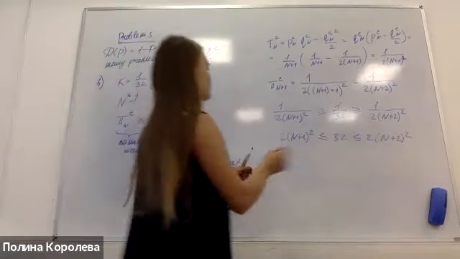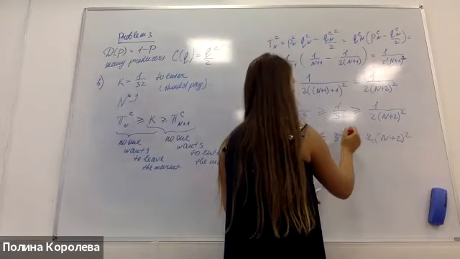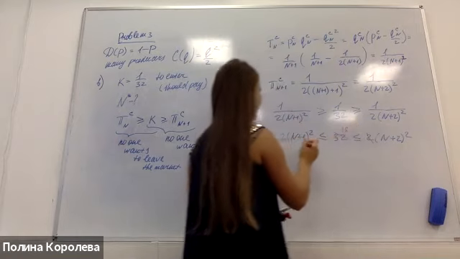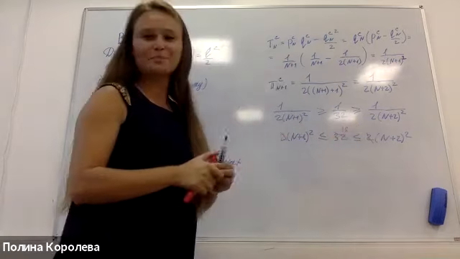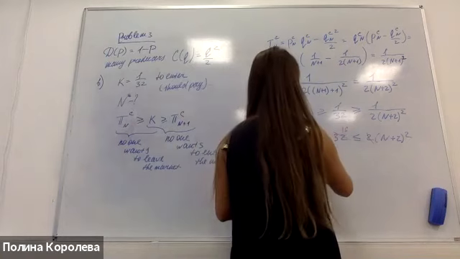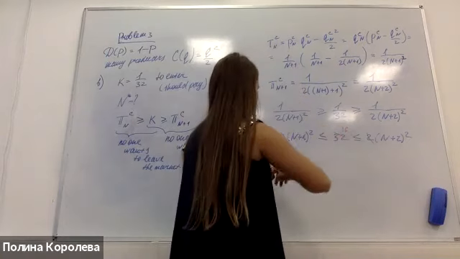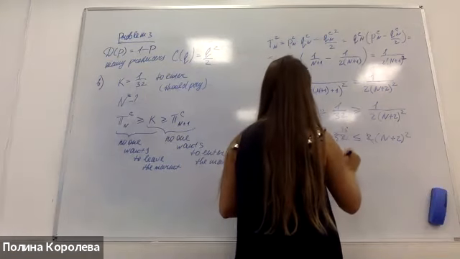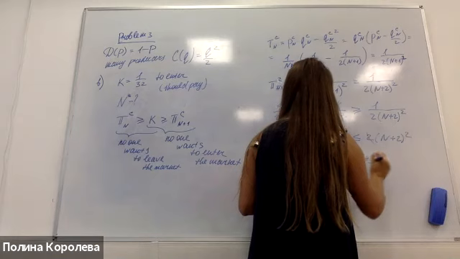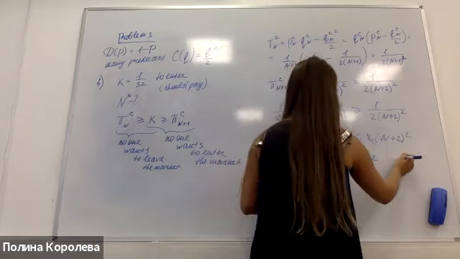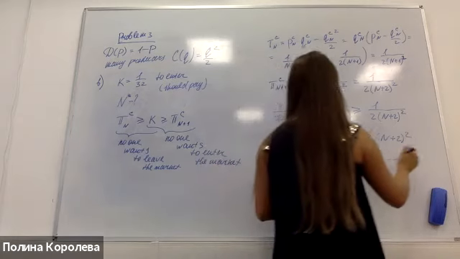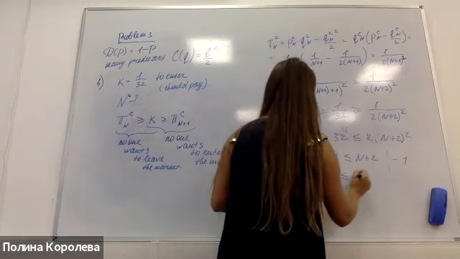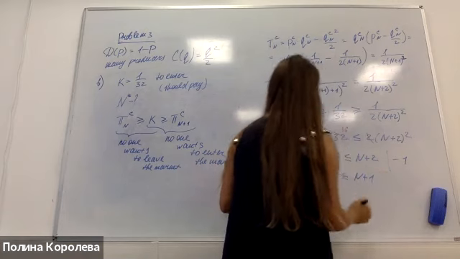Divide by 2. Here, how much? 16. So, taking the square root, n plus 1 is less or equal to 4, less or equal to n plus 2. Minus 1: n is less or equal to 3, less or equal to n plus 1.